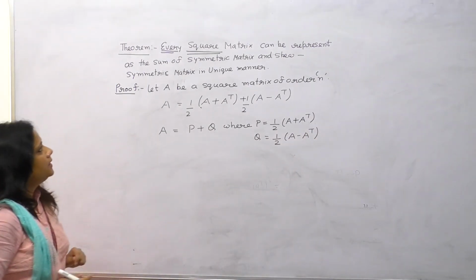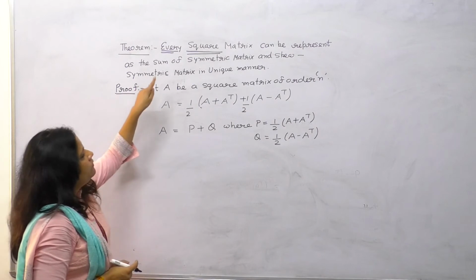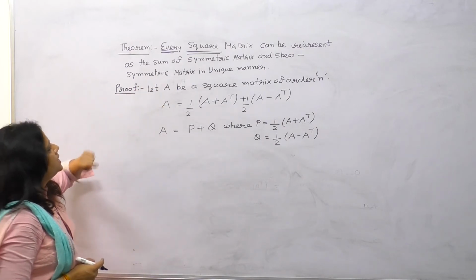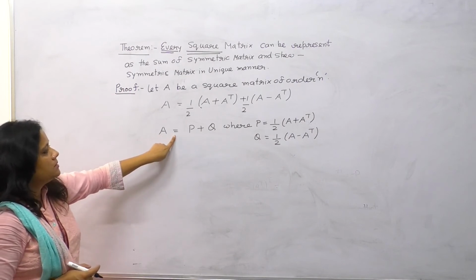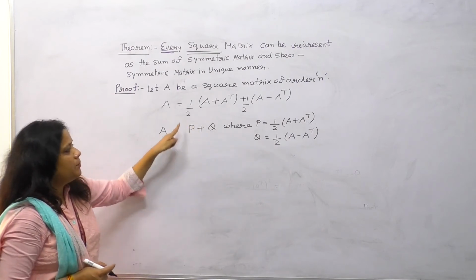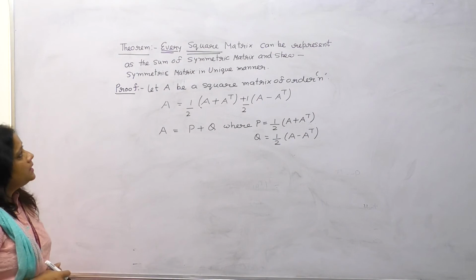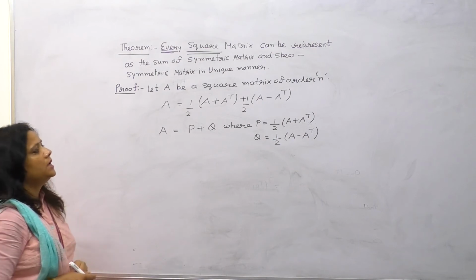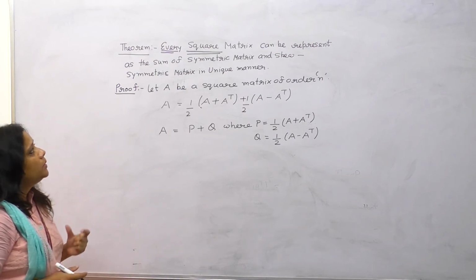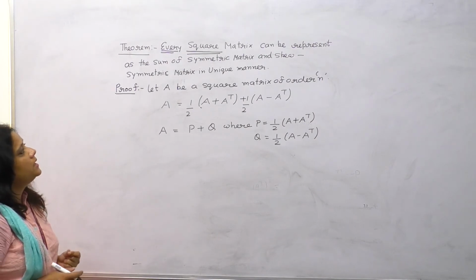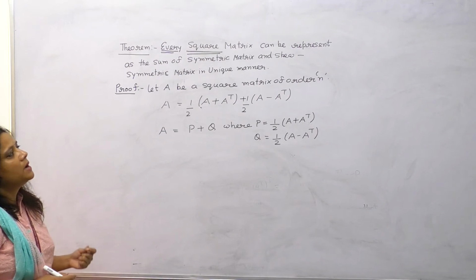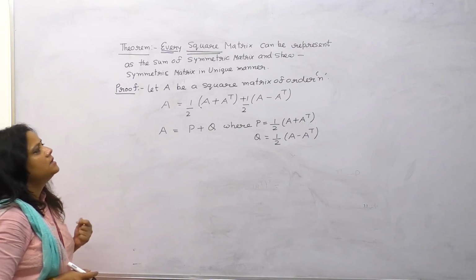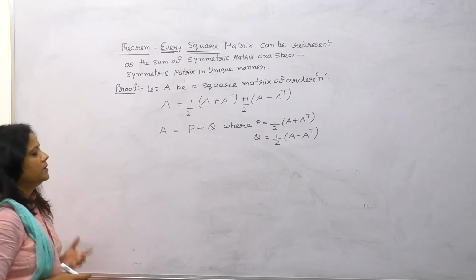So the second line is complete. Every square matrix can be represented as the sum of, so A can be written as P plus Q. The next question is what P and Q are, because we have to write a square matrix as a sum of a symmetric matrix and a skew symmetric matrix.